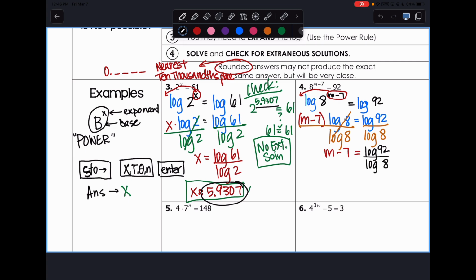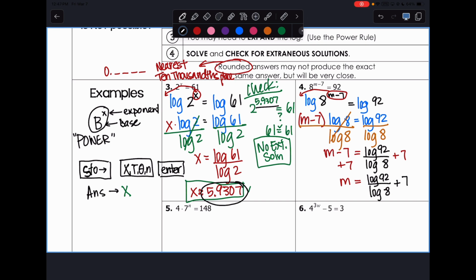Is the m by itself yet? Nope, not yet. So we're going to add 7 to both sides. Then we get m equals log of 92 divided by log of 8, then add 7. Now, which one goes first in order of operations, division or addition? Division. So when you put this into your calculator, even without the parentheses, it'll automatically do the division first before it adds.